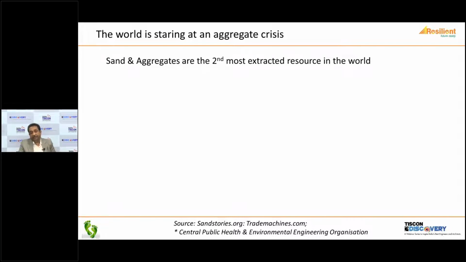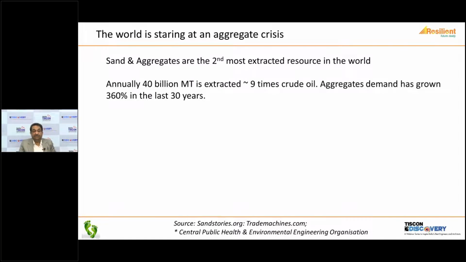Many of you may not know this, but sand and aggregates are the second most extracted resource in this world next to only water. Annually, 40 billion metric tons, which is approximately 9 times the crude oil, that much quantity of aggregates is being extracted every year in this world. And aggregate demand has grown 360% in the last 30 years.